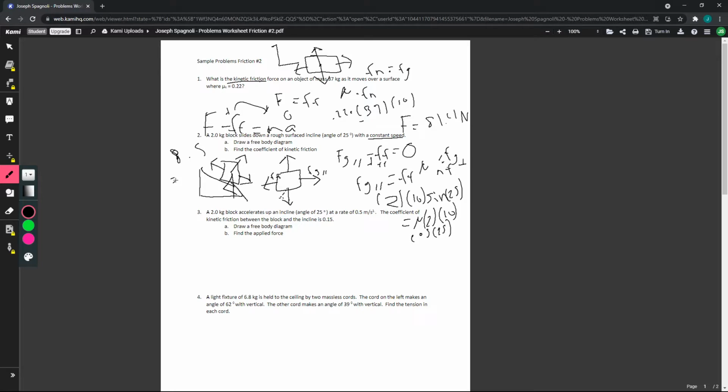And the right side is equal to 2 times 10 times cosine 25, which is 18.1 mu. And we just divide both sides by 18.1. So we get 8.5 divided by 18.1, and that means our coefficient of friction is equal to 0.47.